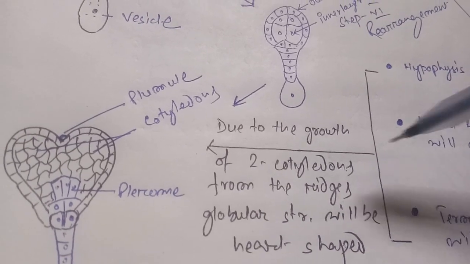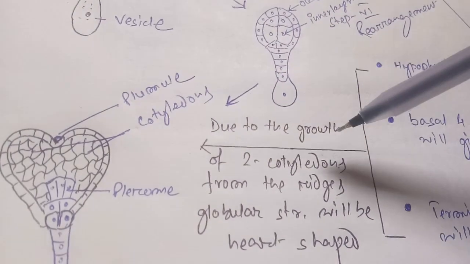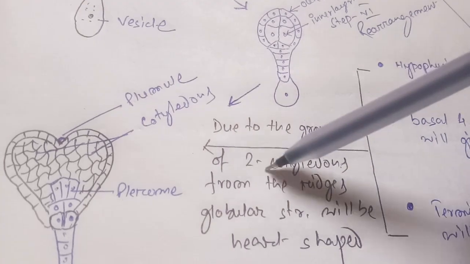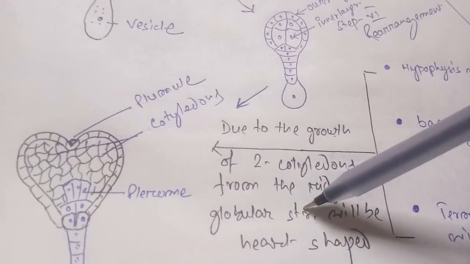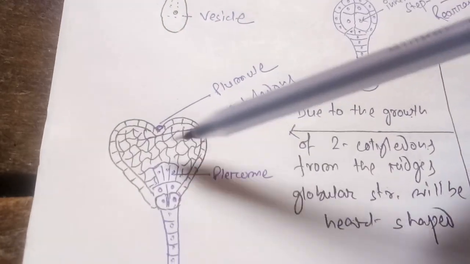In the next step, the cotyledons will grow further, and due to the growth of the cotyledons from the ridges of the globular structure, the globular structure will be converted into this heart-shaped structure.